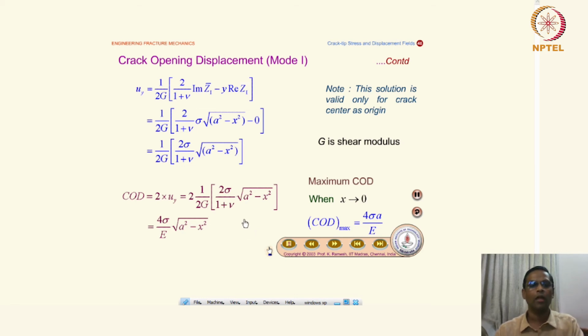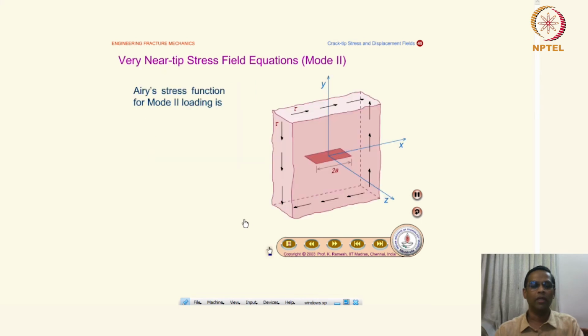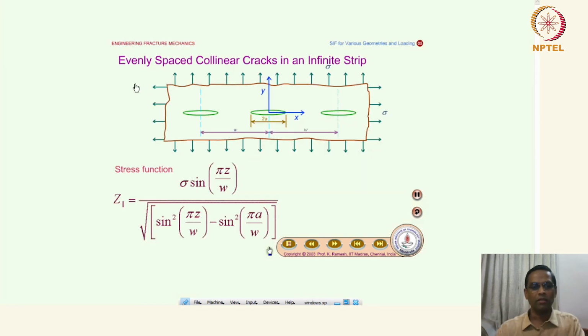Okay, now we will discuss another important topic in this lecture, that is evenly spaced collinear cracks in an infinite strip. We have now looked at the stress intensity factor for a central crack, and we also know how, if we shift the origin to the crack tip, the stress field equations and displacement fields are derived.